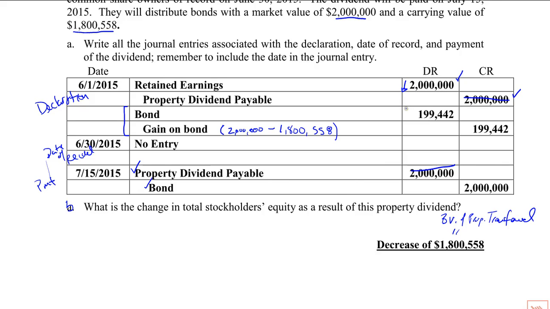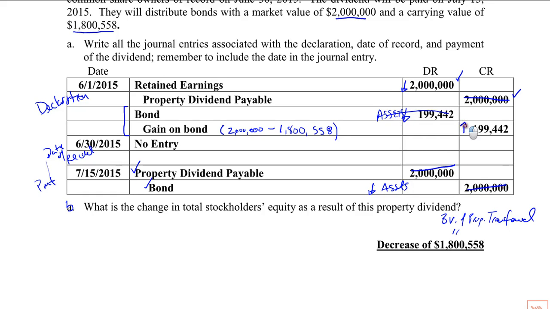We have a reduction of $199,442 here in assets. We're just worried about total stockholders' equity, so that doesn't matter. We have a reduction in assets here, but that's an asset, so that doesn't matter.